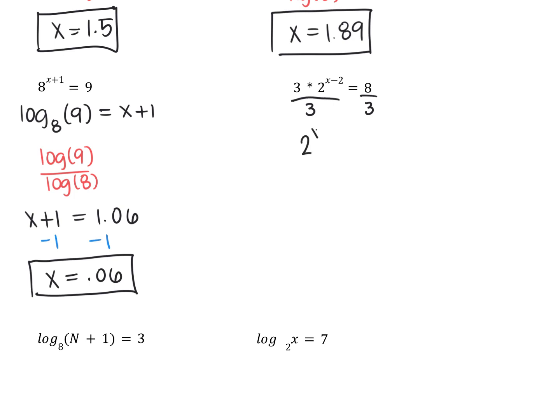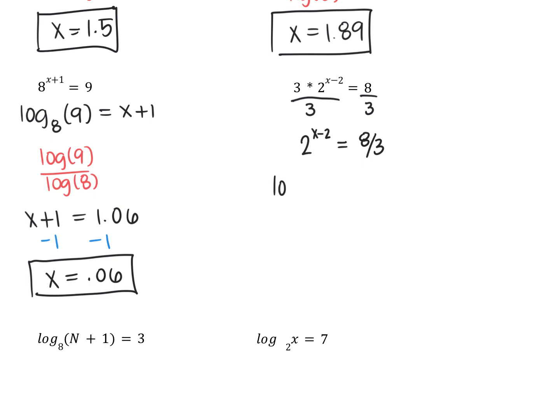So we get 2 to the x minus 2 equals 8 over 3. And we are not going to put a decimal here, because 8 divided by 3 is not a nice decimal. It is a non-terminating decimal. It is 2.6 repeating, and I don't want to round until the very end.